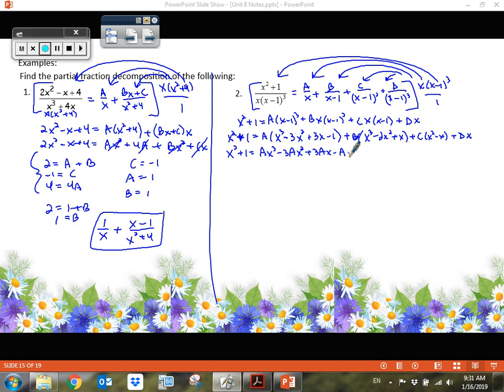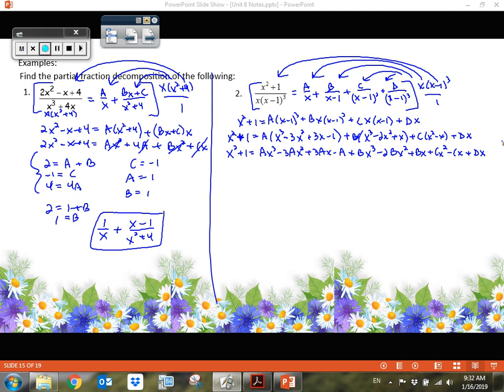Okay, so that's distributing the first one. We go to the next one, plus bx cubed minus 2bx squared plus bx, plus, we go to the next one, cx squared minus cx plus dx.